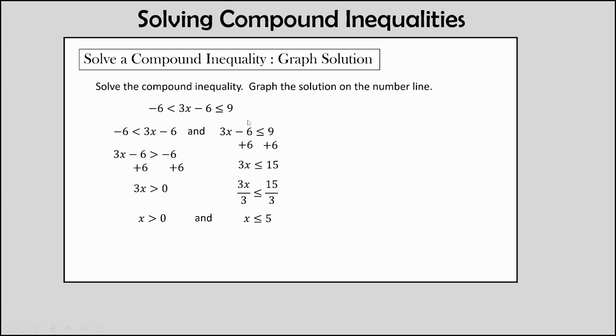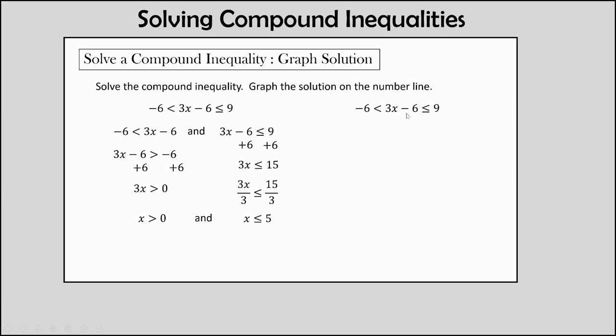Now, the second way to do this problem, and it works in this situation, would be to leave it like this and then treat it like you're just solving a regular inequality, but there's three parts to it. Instead of just a left side and a right side, there's a left side, a middle, and a right side. So whatever you do to one section of it, you have to do to all sections.